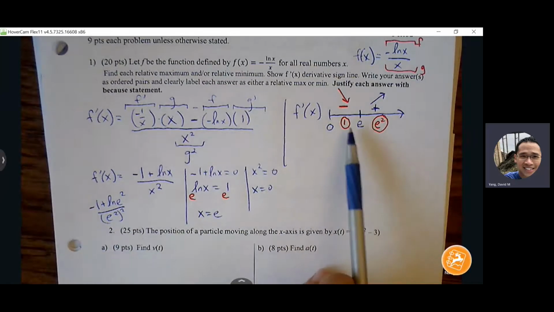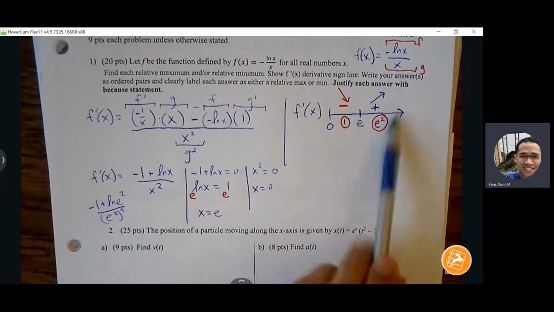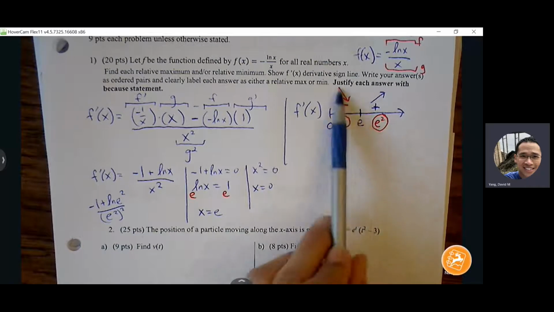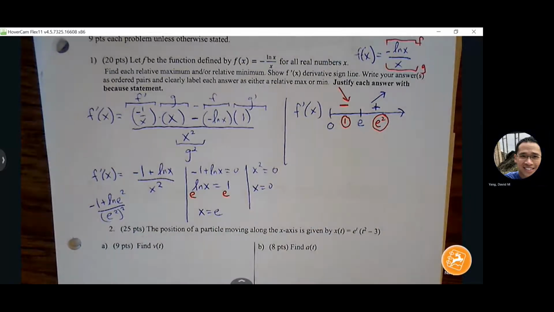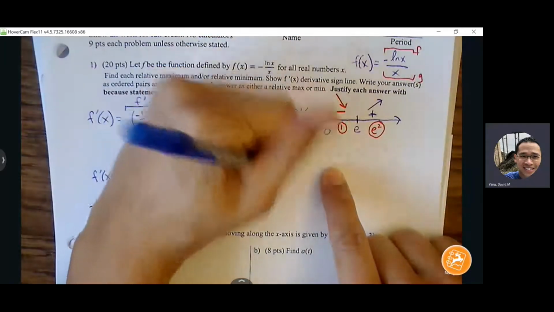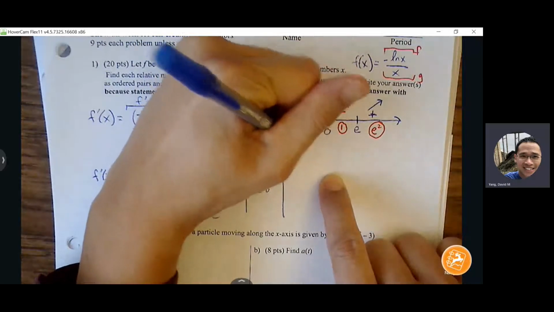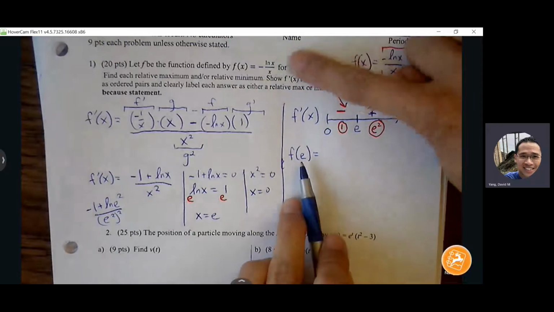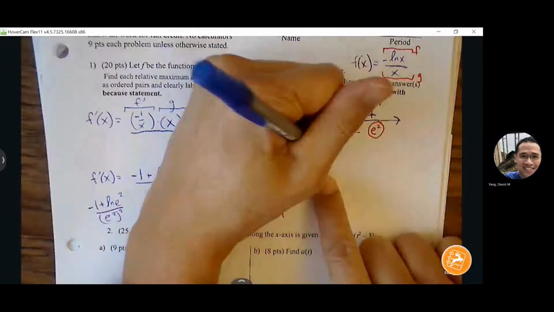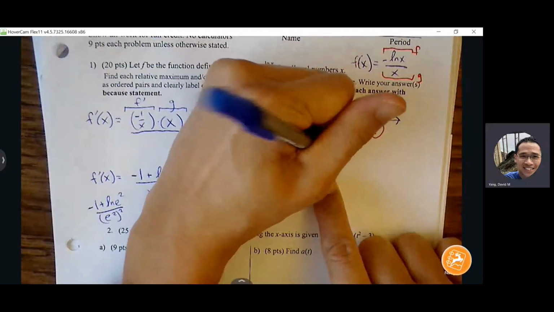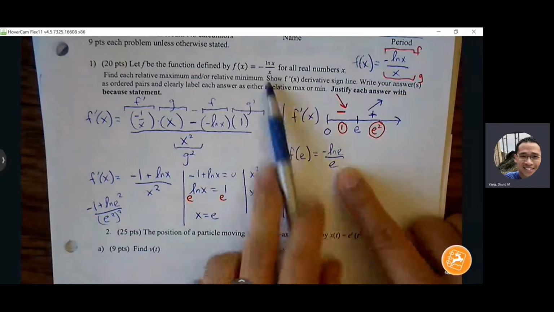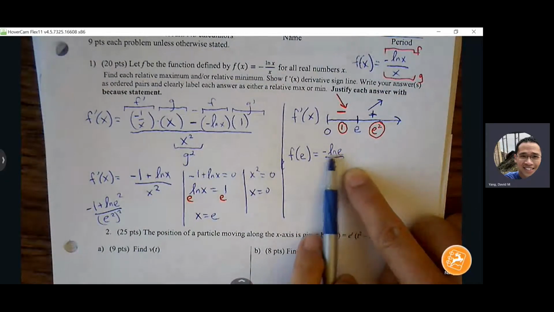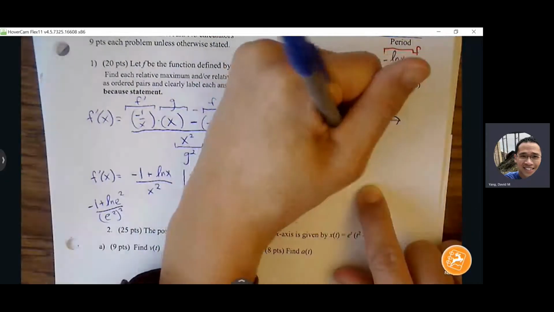Right, so we know the interval decreasing, we know the interval increasing, we know there's a relative minimum. So if I want to find the relative minimum, I can plug e back into the original equation to get my ordered pair. Natural log of e is 1, negative 1 over e, that's my y value.